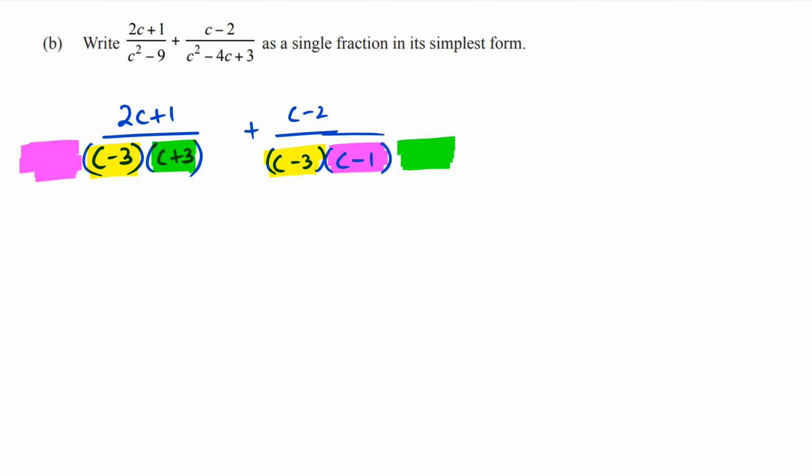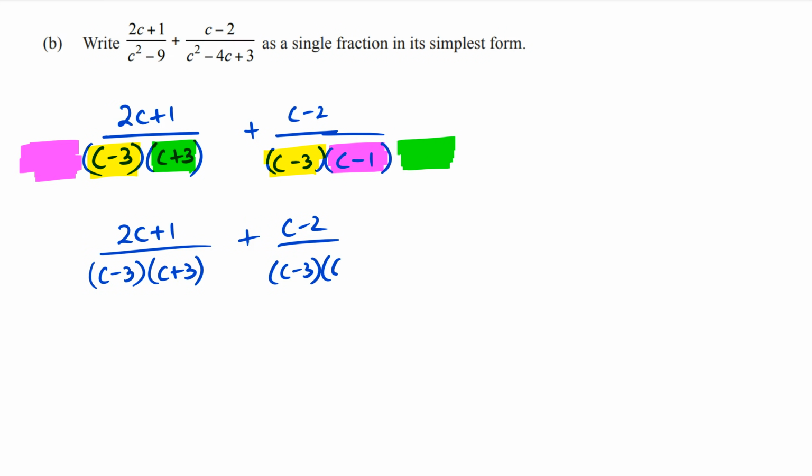So in other words, I'm going to rewrite everything as it is. So I'm going to get 2c plus 1 over c minus 3, c plus 3, plus c minus 2 over c minus 3 times c minus 1. And of course, the green part that's highlighted is c plus 3, which means I need to do it like this.